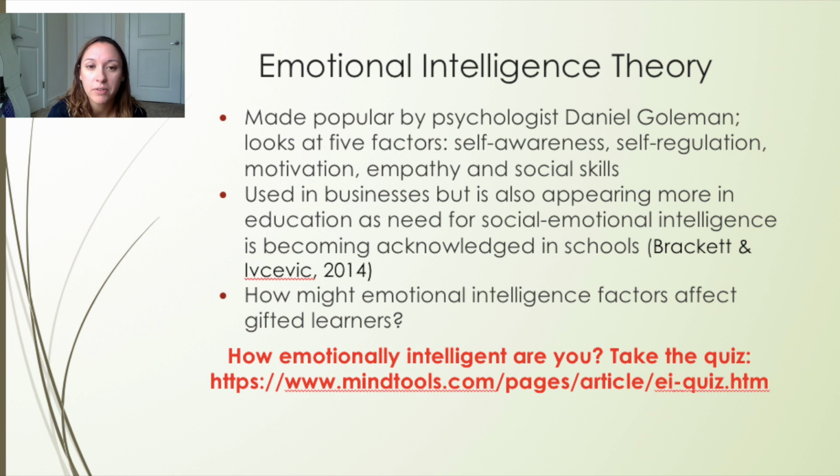And it started out being really popular for use in businesses, but it's now starting to appear more in education as this big push for social emotional intelligence and SEL is becoming more popular and more acknowledged in schools. So Carla and I wanted to know how might these emotional intelligence factors affect gifted learners.